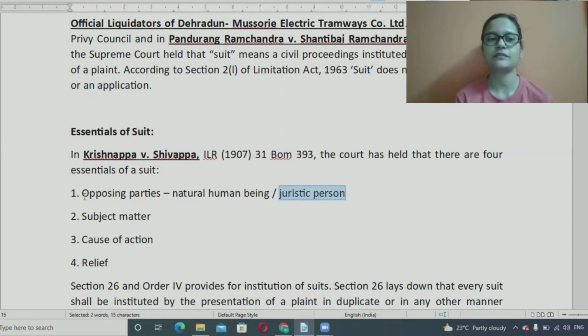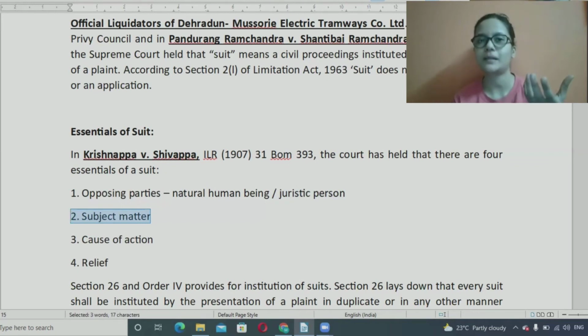So the first thing that we need is opposing party. There have to be two parties, one going to the court, another against whom the person is going. It may either be a natural human being or a juristic person. Second is subject matter. Whatever is the matter, there has to be a subject for it. It may be that there is a contract between you and me, and I did not fulfill the promise which was made in the contract.